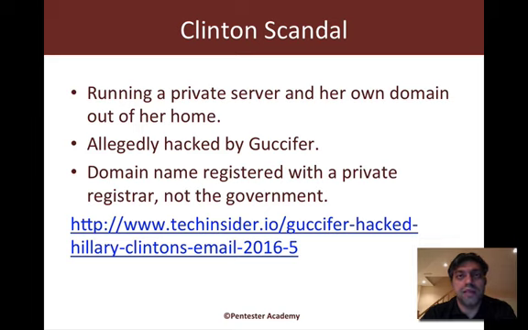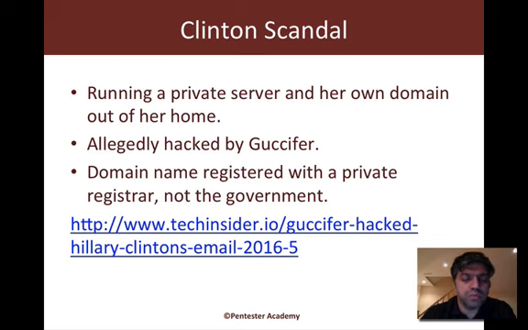She did give up her mail server and several of the emails when asked for by the FBI. But prior to doing that, she actually deleted thousands of emails. And she claims that they were personal, things relating to her yoga routine and her daughter's wedding invitation and similar.